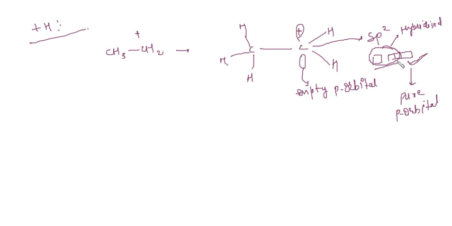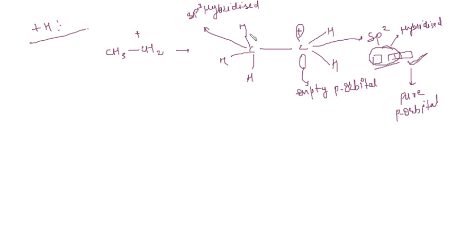Okay, now when this pure p orbital comes in direct contact with an sp3 hybridized carbon, this should be sp3 hybridized. What happens is that this p gets overlapped with the carbon-hydrogen sigma bond, and it gets detached from the carbon.